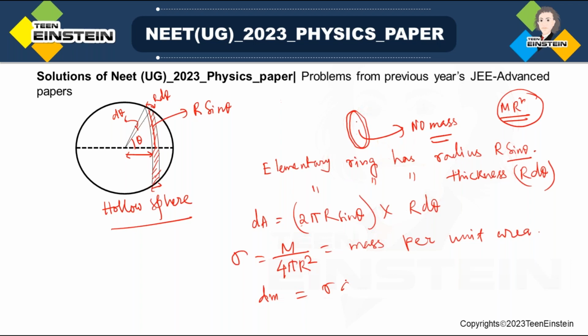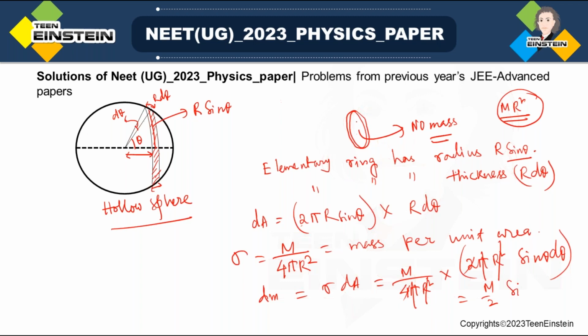So this is sigma into dA, which is m by 4 pi r square into 2 pi r square sine theta d theta. Simplifying, this will be half, so m by 2 sine theta d theta is dm.